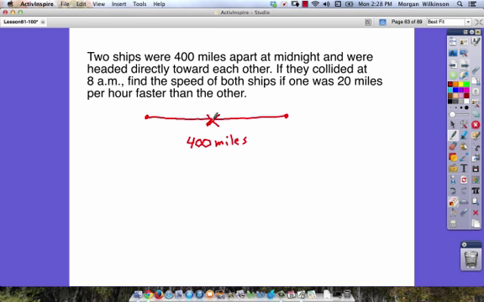So in this one, two ships, they're 400 miles apart. What we know is the distance of the first ship, and we'll call this d sub f for the first ship, plus the distance of the second ship, d sub s, will equal 400. Now instead of saying the distance, let's use the rate times the time.